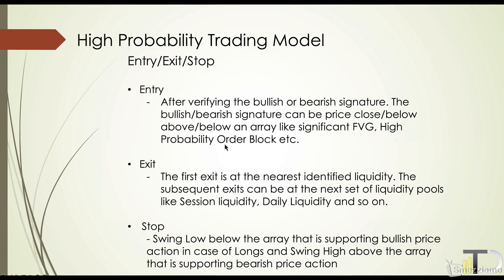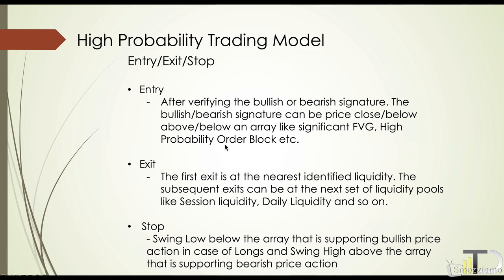Now in some cases, let's say you're taking an entry on an FVG, but that FVG itself is like 50 points wide on NQ. Now 50 points wide on NQ is a large one. So in those scenarios, just look at the midpoint of that fair value gap, for example, right? And have your stop, let's say, one tick below the midpoint, right?